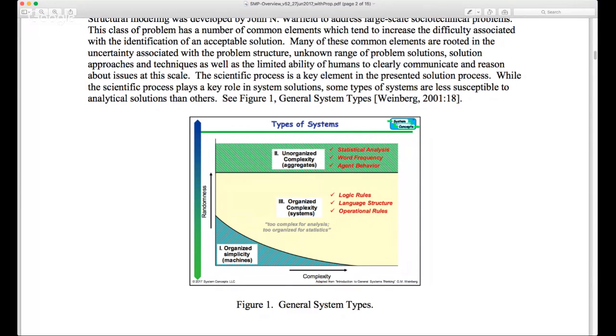So once we have the structure, we can take analytical techniques that we've developed down in area 1 and apply them to the structure that we find in area 3. And further, once we have a structure identified in area 3, there are some components that can also be analyzed using techniques from the unorganized complexity or statistics area.